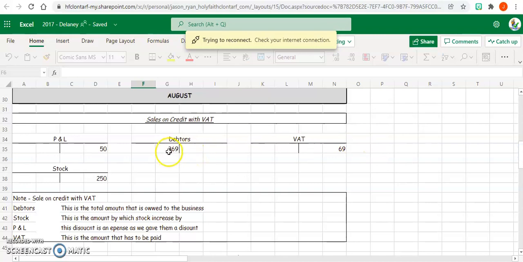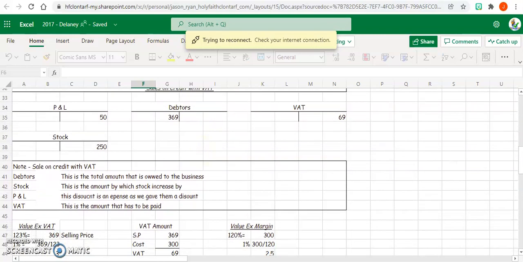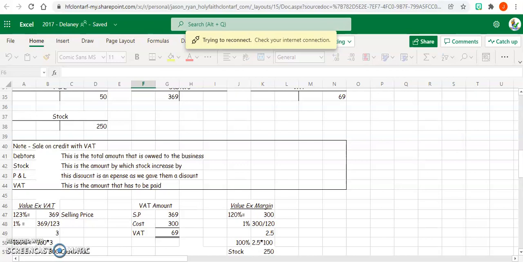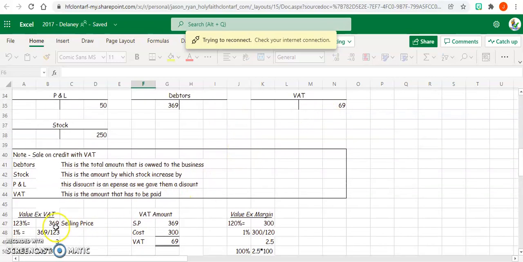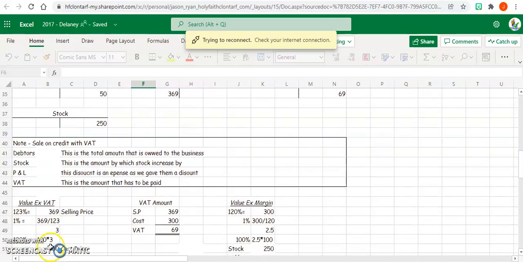So your debtors are going to be 690. Then you will have 690 is equal to 123%. So 100% then is going to be equal to 300. That's our cost price.